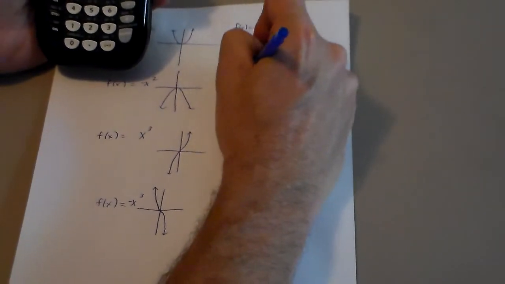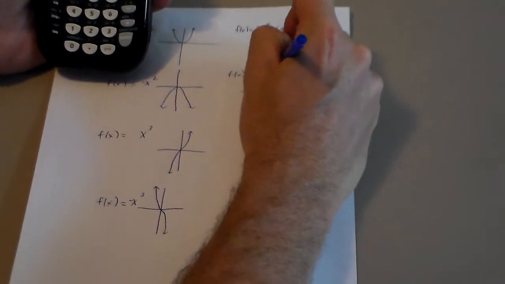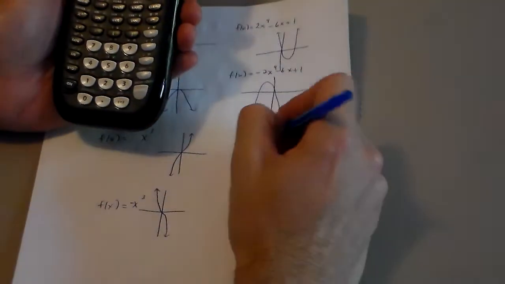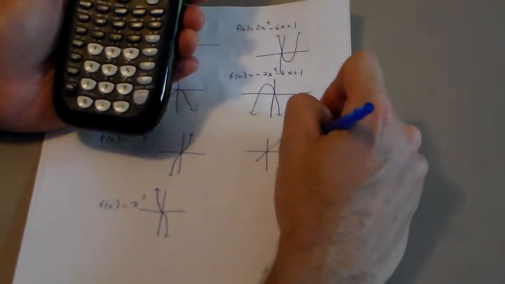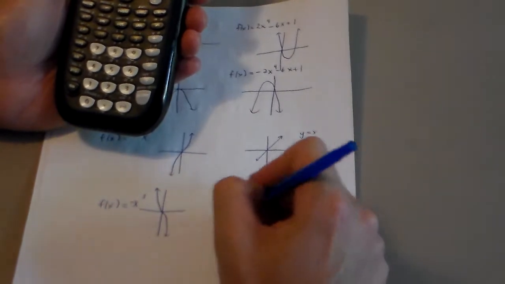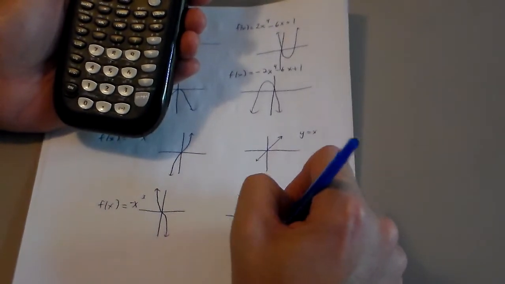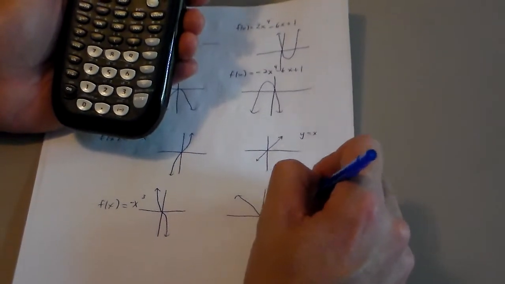That is f of x equals negative 2x to the 4th minus 6x plus 1. Okay? How about the old line y equals x? We don't have to graph that one, guys. Y equals x looks like that. Y equals negative x. Slope is negative 1.